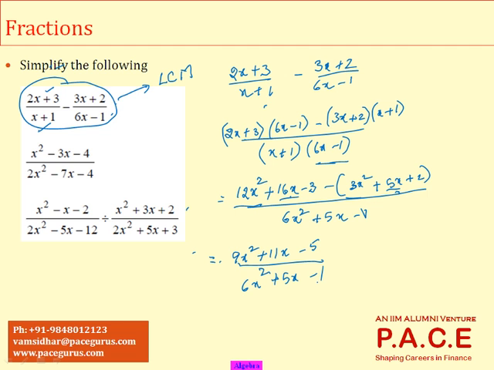This kind of simplification, especially when I am given two different fractions and I have to simplify their value, I can resort to the LCM method. This is the same as we solve typical numbers. If someone asks for 1 by 2 minus 2 by 3, we do it exactly the same way.